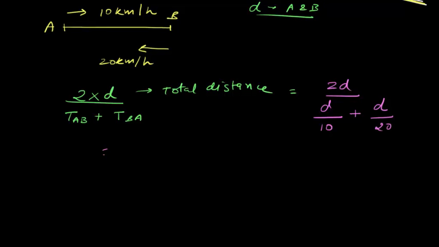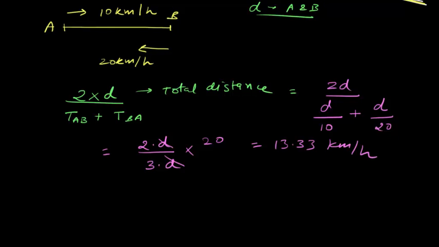So this is my average speed, and if I solve this, I will get 3D over 20. So D and D cancel, and this is equal to 13.33 kilometers per hour.